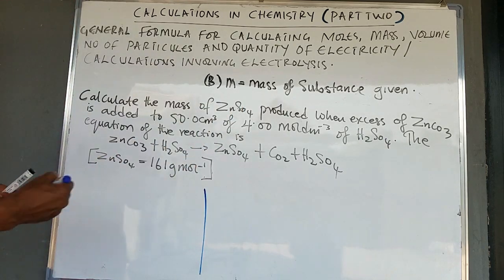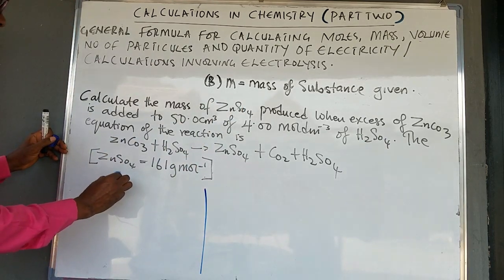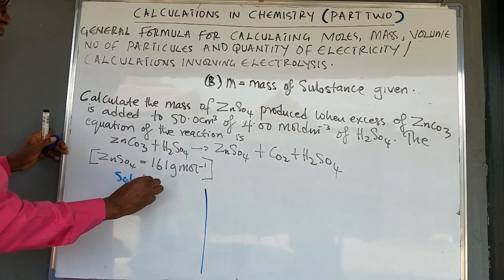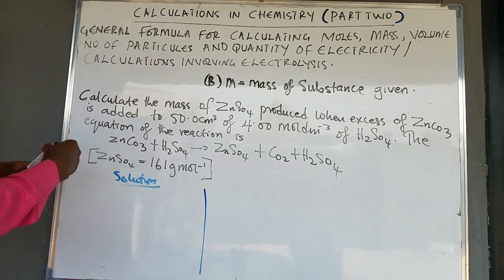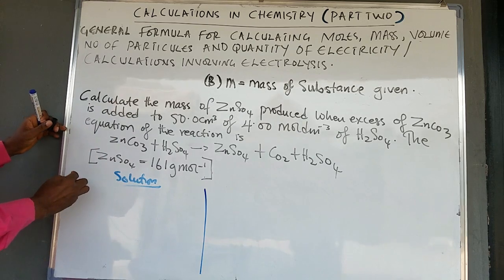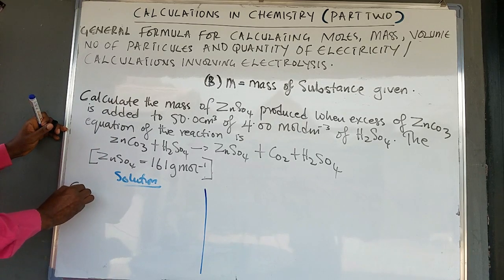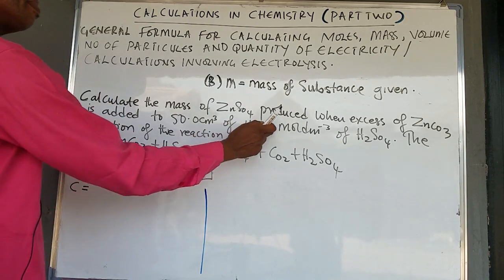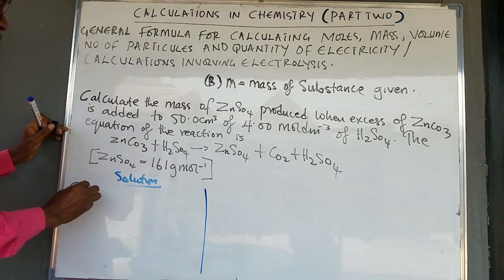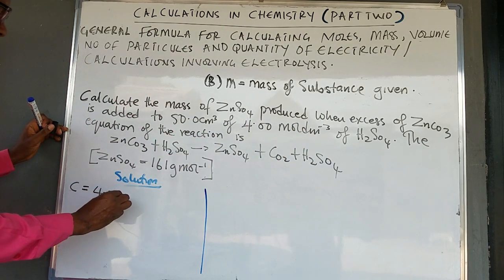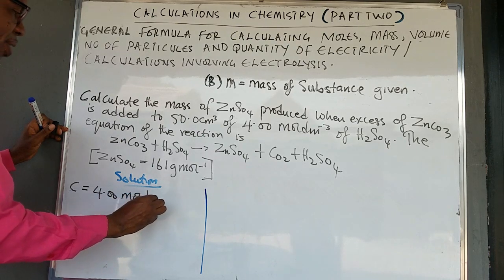Very simple. So let's list out what we have as our data here. So we have C. Where do you get C from? Mole per dm³. That is molar concentration. That is 4.00 mole per dm³.